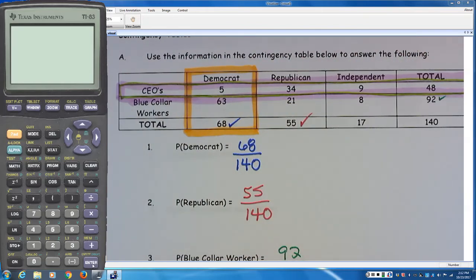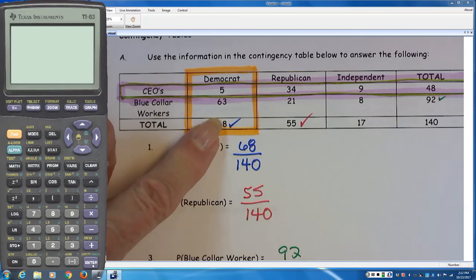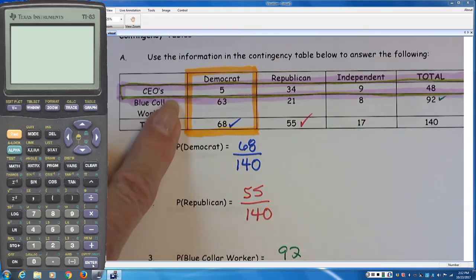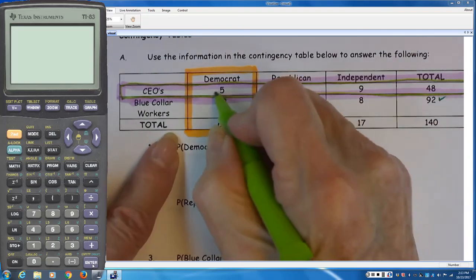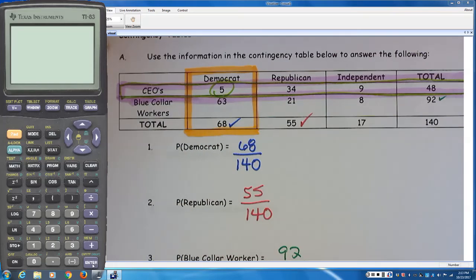So we are going to take the 68, which is the Democrats, and we're going to take the 48, which is the CEOs, but we're going to have to remove the 5 that are both Democrat and CEO.